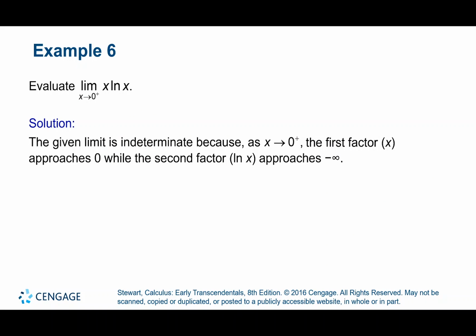So let's look at one where that's useful. We've got the limit of x times ln of x as x approaches 0 from the right. L'Hopital's rule still works for one-sided limits, so no big deal there.